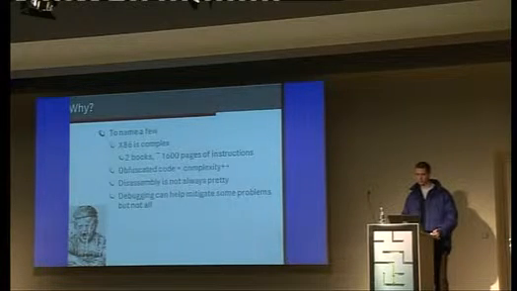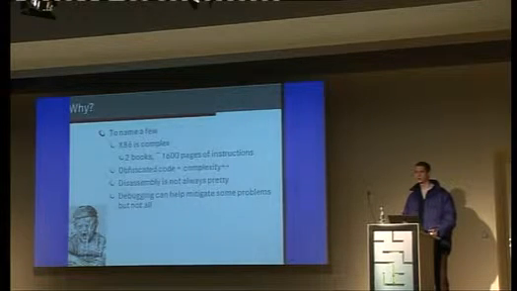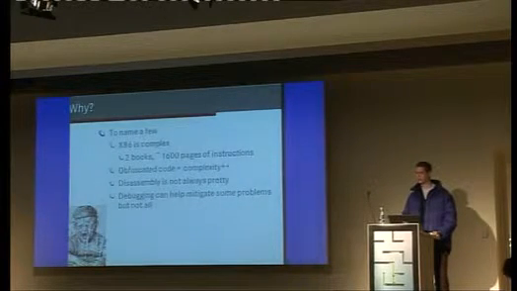Debugging can help mitigate some of the problems, but not all of them. You can use debugging to resolve things that are hard to do with pure static analysis, and you can feed the results from the debugger to the static analysis code, and harvest all the benefits of debugging in the static analysis.